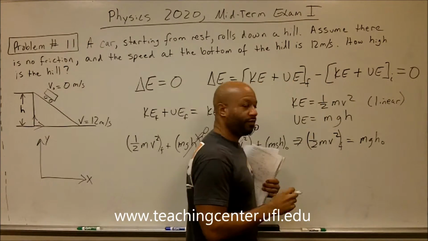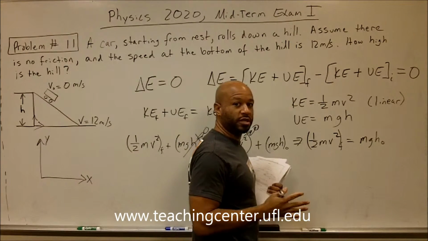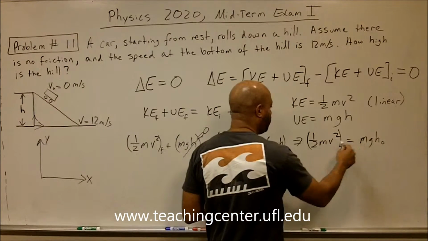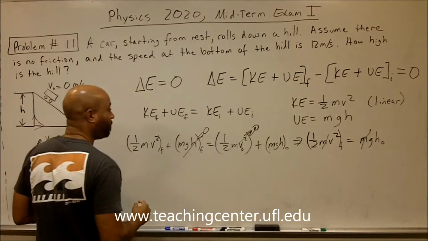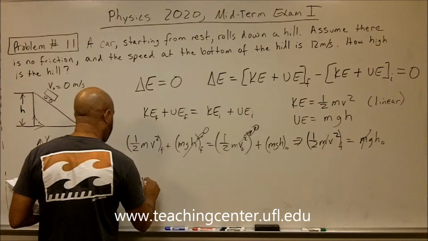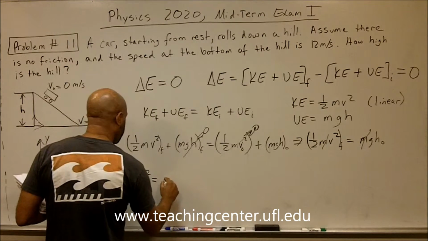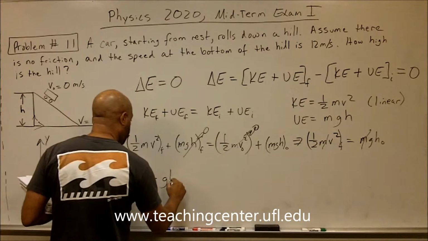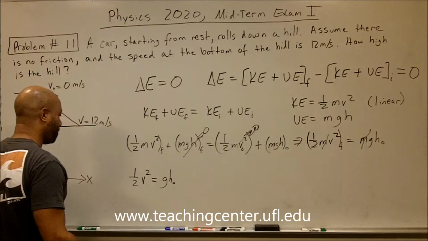Now, given this simplified equation, we know that the mass of the object doesn't change, and we see it on both sides of the equation, so that cancels out. So we're left with 1/2 times the final velocity squared is equal to gravity times your initial height. All right?